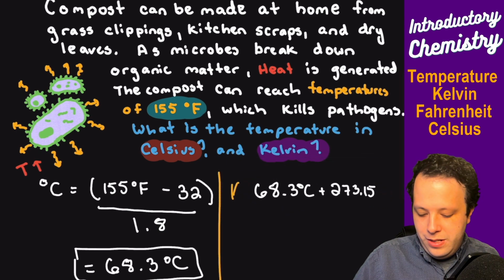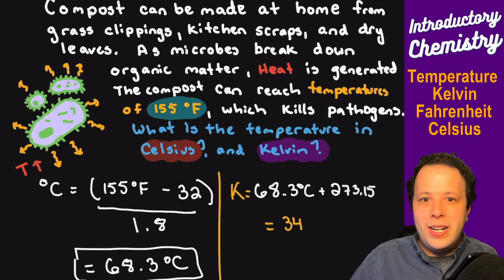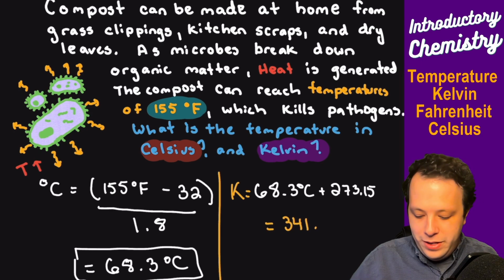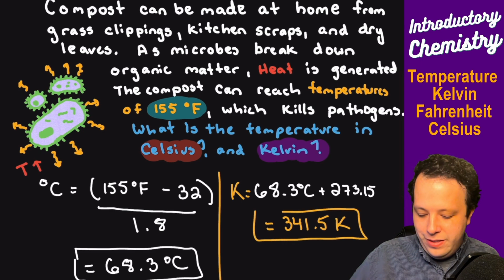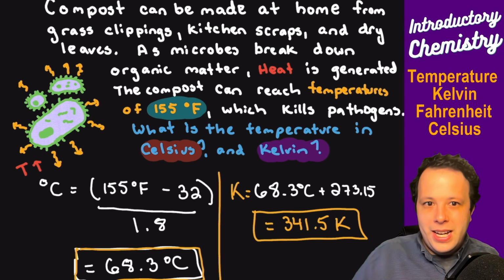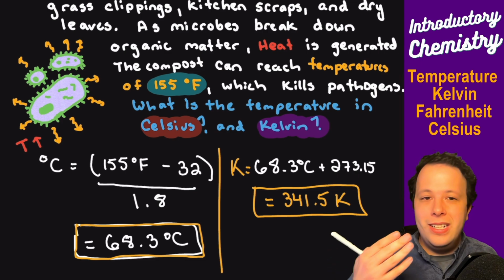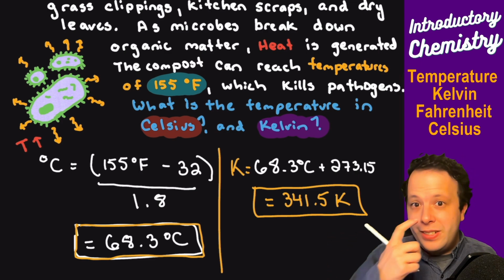So Kelvin is going to be equal to that, which what we will get for our final answer is 341.5 Kelvin. So that would be both of them here as our answers, and that is how you can solve from Celsius to Fahrenheit, or using Fahrenheit to get to Celsius and Kelvin.